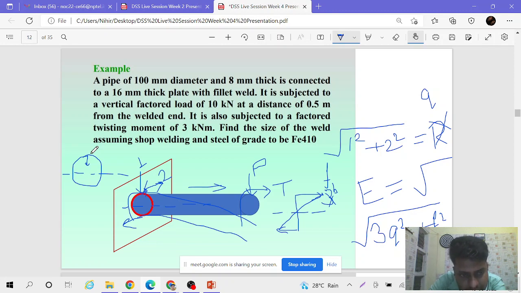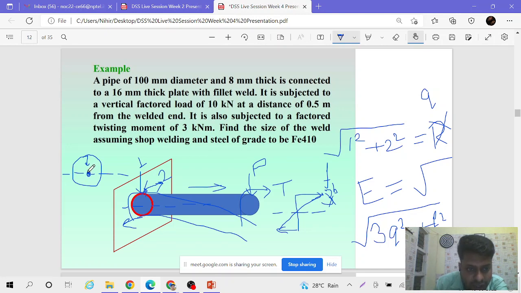Can't it be like that instead of the square root of Fa squared plus Q2 squared? Okay, so at these 2 points where the horizontal line meets the welds, you are saying let us assume this is the CG.